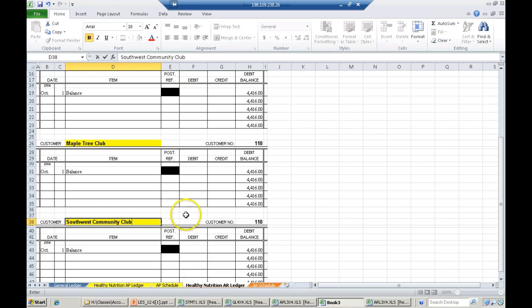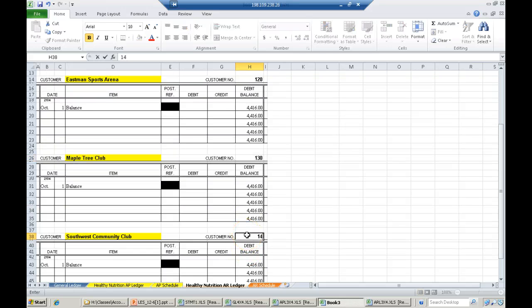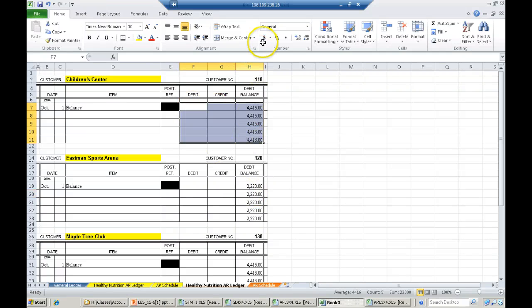you can follow along with the book. It might go a little bit quicker. We need to change the customer numbers as well. And then your balances are going to change. Eastman Sports carried a debit balance of $22.20. One other thing I forgot again is to format the cells for accounting function.